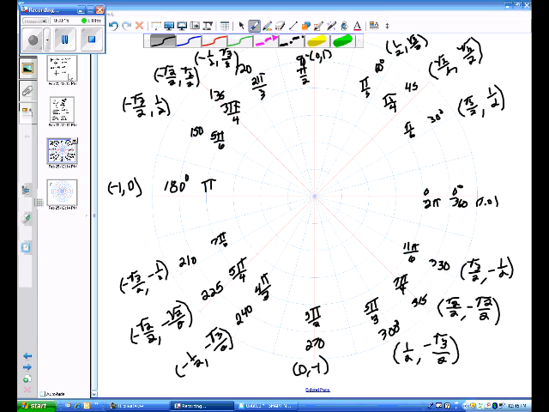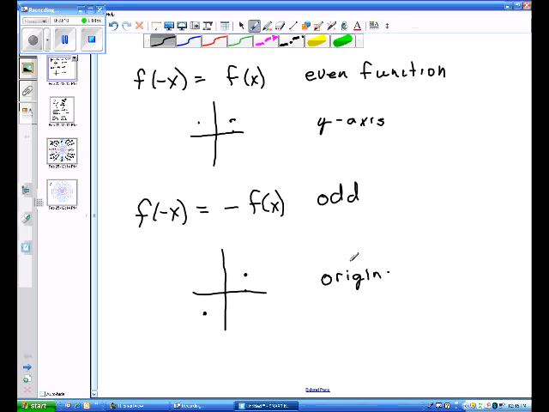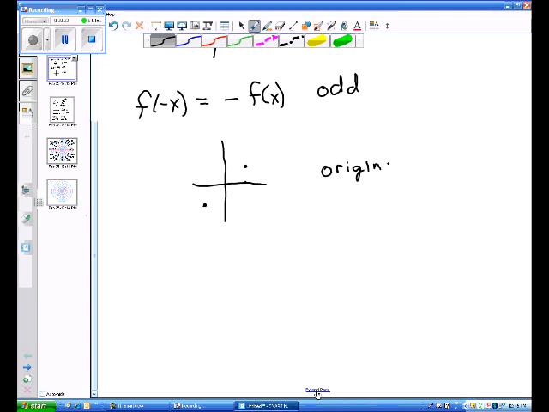So for our sine, if we wrote this, the sine of negative theta is equal to the opposite of the sine of theta. So sine is an odd function.